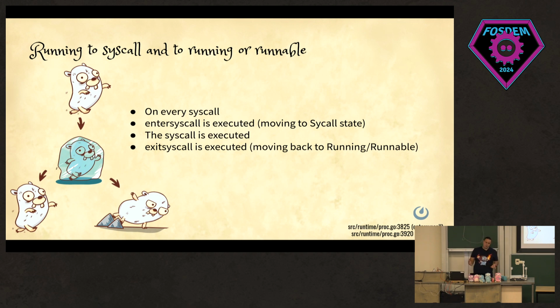But if the syscall is slow, it's going to just stay in syscall state, and it's going to keep the processor detached, so the processor can select another goroutine to execute. It's going to finish the syscall eventually, and whenever it finishes, it's going to move the goroutine to runnable again, and enqueue that in a processor and all that stuff.